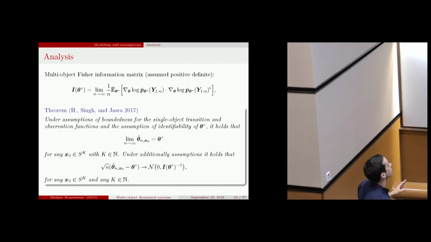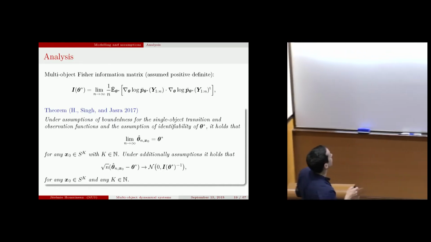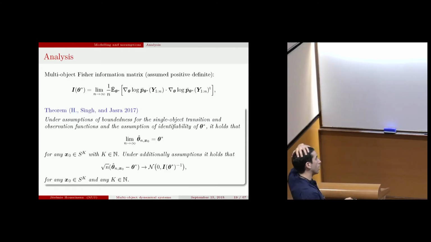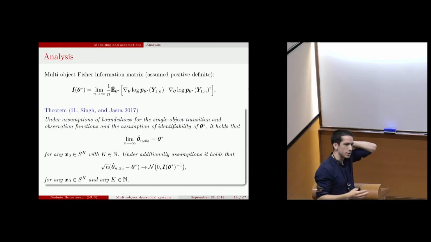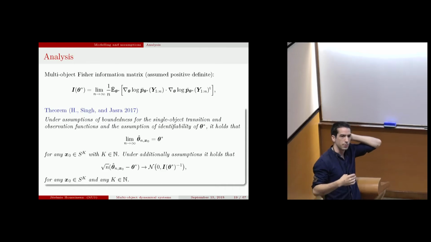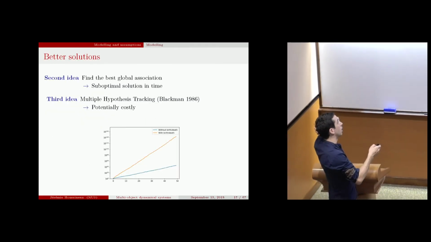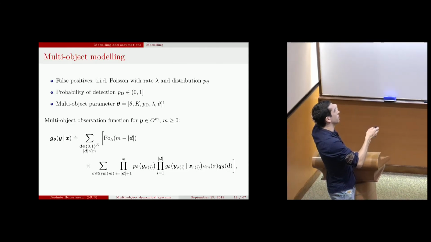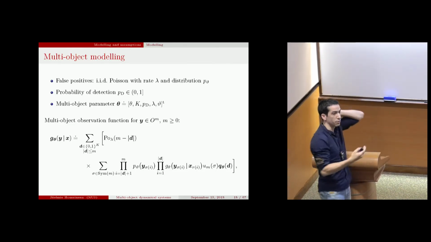I'll come back to the feature information a little later. In this paper, what we try to do is not only verify consistency like this, but make as few assumptions as possible on, for instance, the multi-target likelihood. You don't want to make an assumption here because it's sort of overkill.